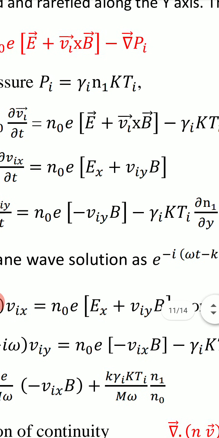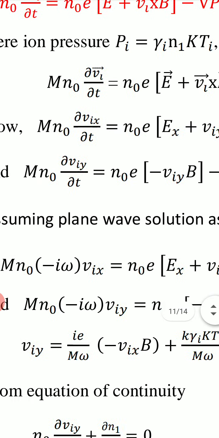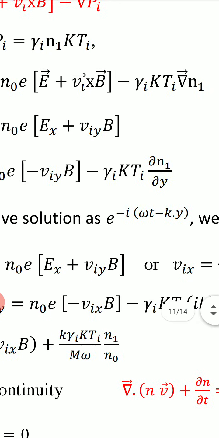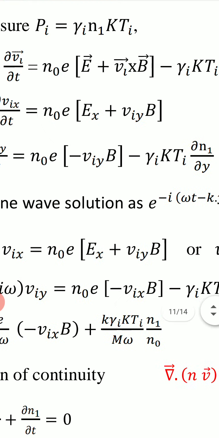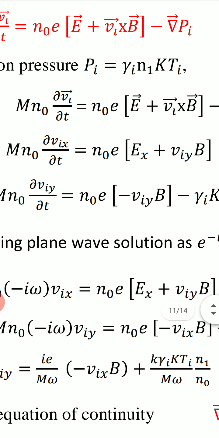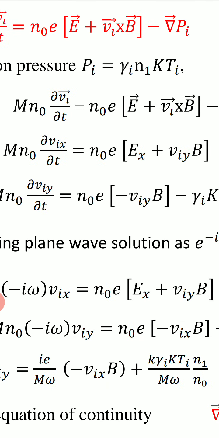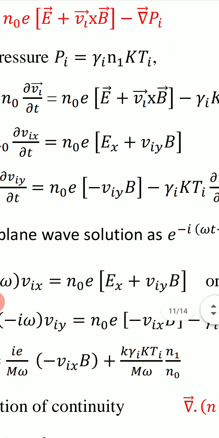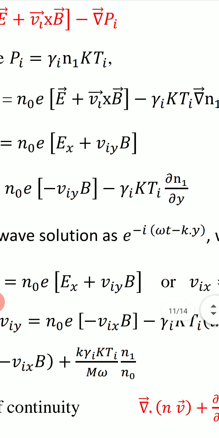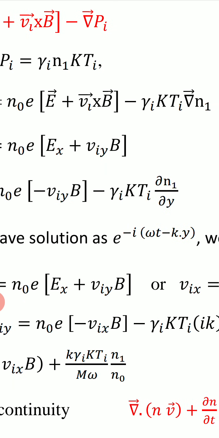So this is the equation of motion for ion. We write it as equation 1. Now put the value of Pi. Then we have M N0 dV1/dt equals N0 e into E plus V1 vector cross B minus gamma I K Ti del N1.